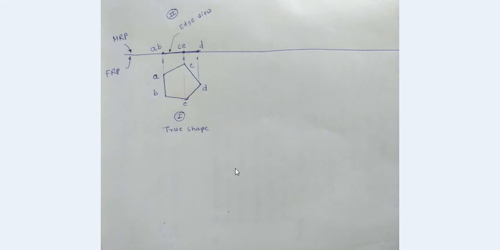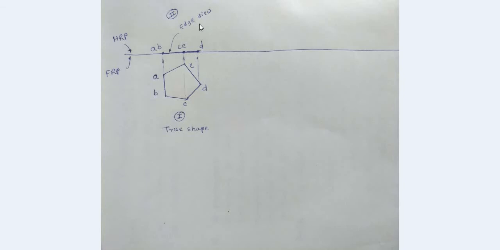Now in the second step of the solution, or rather the third step of the solution, we will be completing the condition with respect to HRP. In our problem there are two sub-conditions. The first sub-condition is that one edge, AB, is in the HRP.